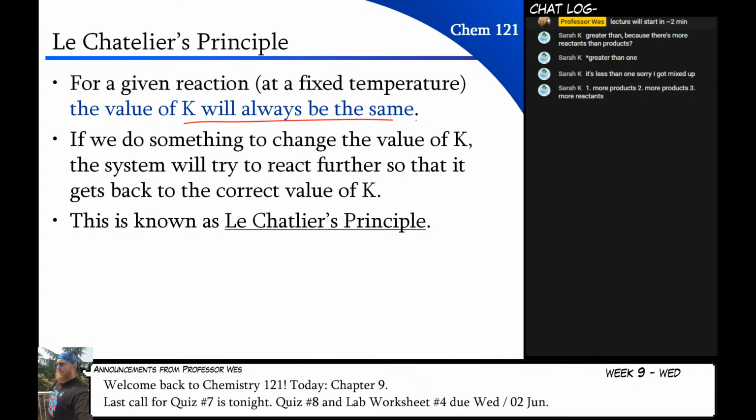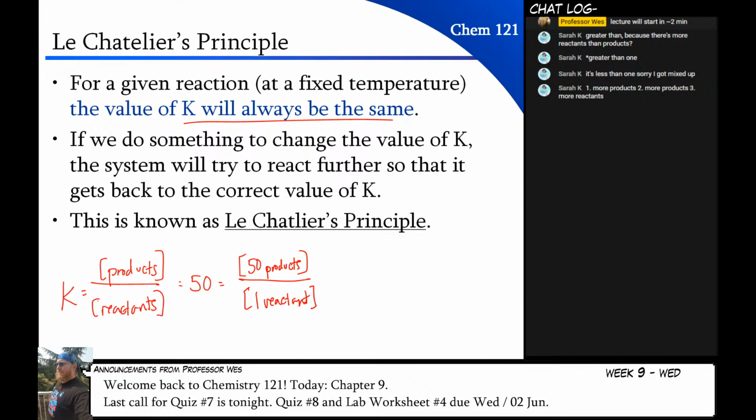Now, it may not be possible to get to the exact numbers, but it is possible to get to the same value of K. So let's suppose that I had this. So we know that K is products over reactants. Let's suppose at equilibrium that they equal 50, like we said before, because I had 50 products for every one reactant.